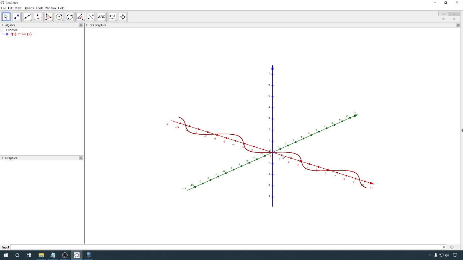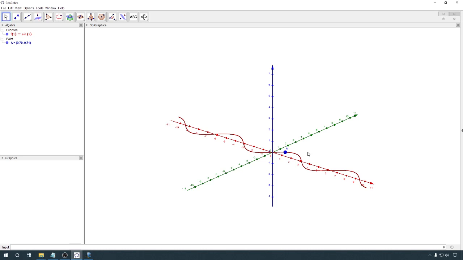I want to have some sort of surface along the x-axis. Now, what does that actually mean? Well, if I take a particular point on my curve, let's take the point pi over 4, comma, of course, the value at pi over 4 is square root of 2 over 2.